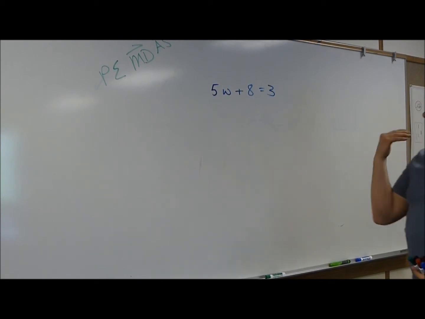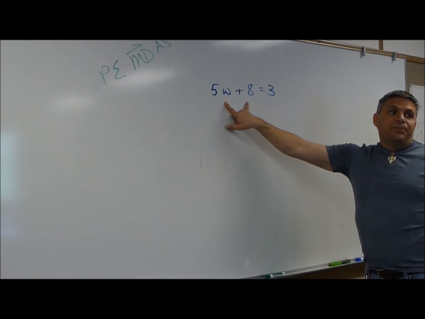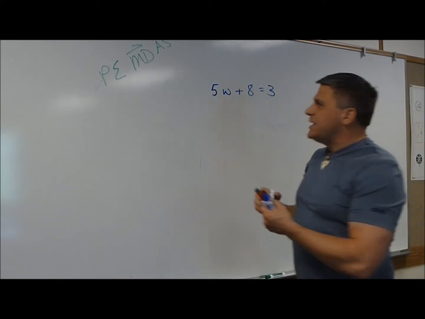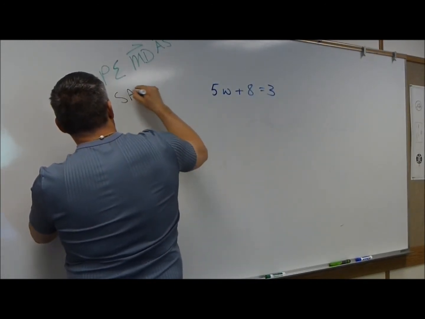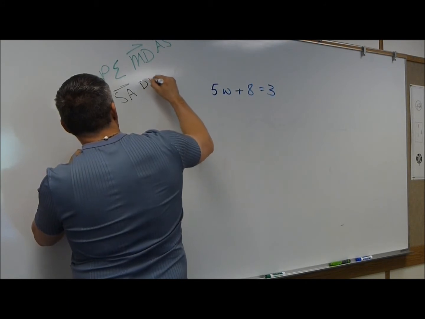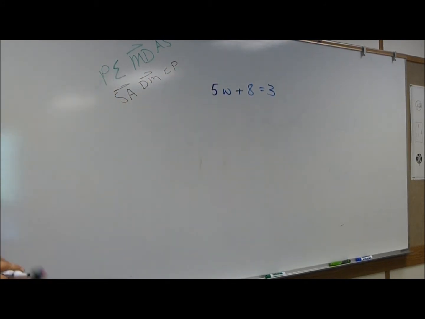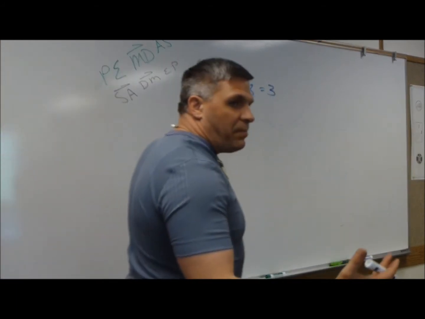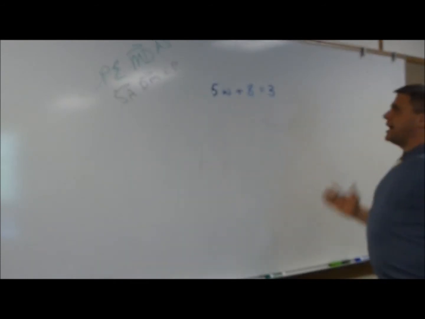Okay, and once I know that I'm solving, because I got two pieces attached to the variable, then the solving technique is to take PEMDAS and go in reverse, and it's called SADMEP. Okay, so we're just going backwards. So solving, SADMEP. And so I go subtraction, addition from left to right.